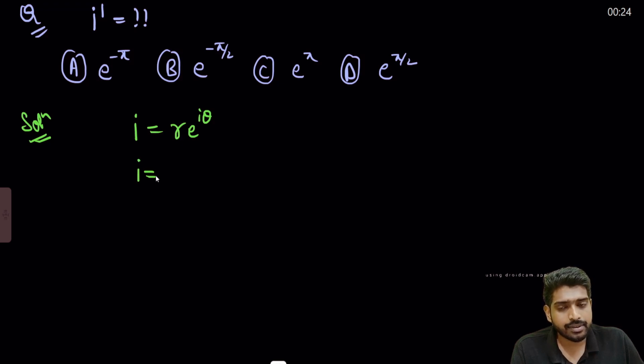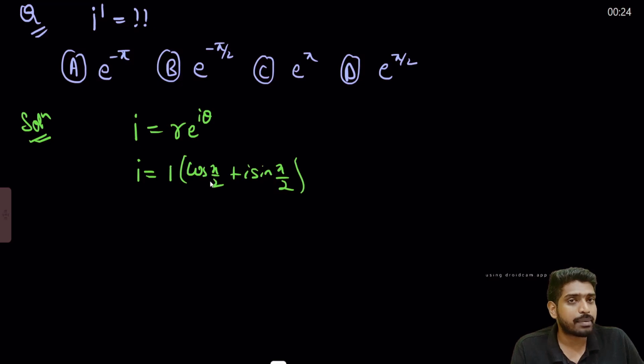Here we'll get 1 into e to the power iota theta, so what is the amplitude of iota? Pi by 2, right? Iota I can write as cos pi by 2 plus iota sin pi by 2. Cos pi by 2 is 0, and sin pi by 2 is 1. Now iota I can write as 1 into e to the power iota pi by 2. Yes or no? Now next, I'll raise both sides to the power iota.